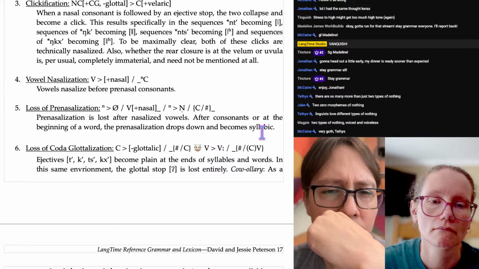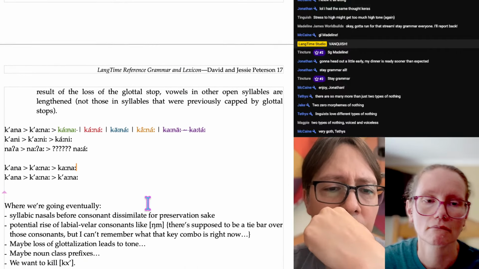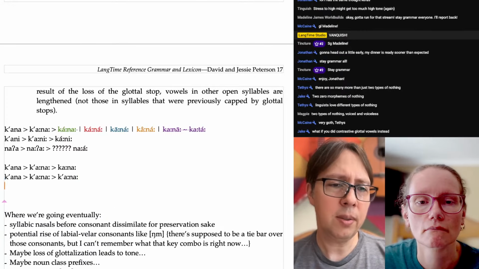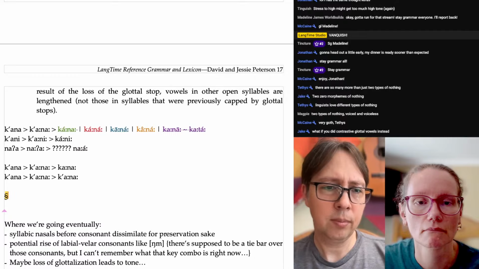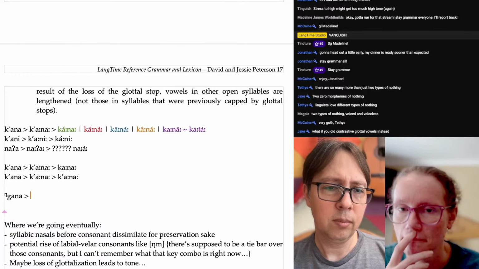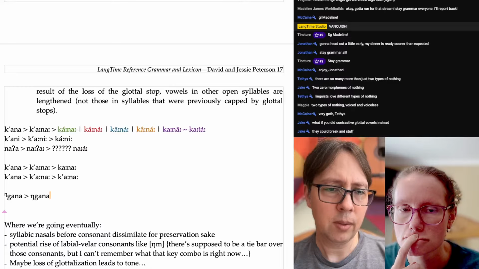After consonants at the beginning of a word, the prenasalization drops down and becomes syllabic. So that's still where we're at. We haven't dissimilated yet. So we still got something like that.